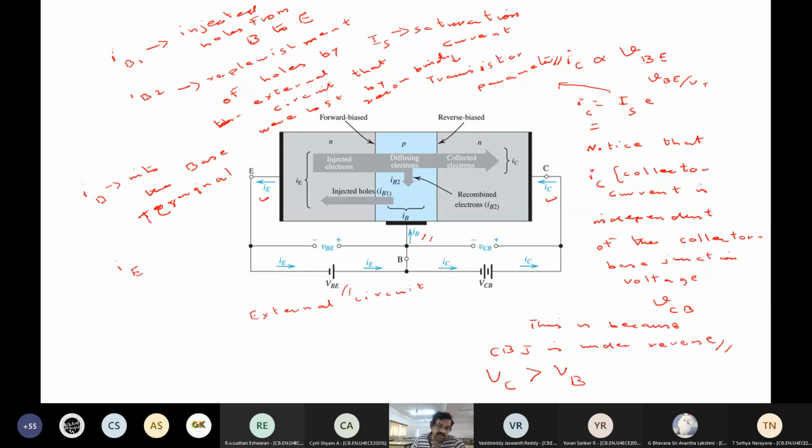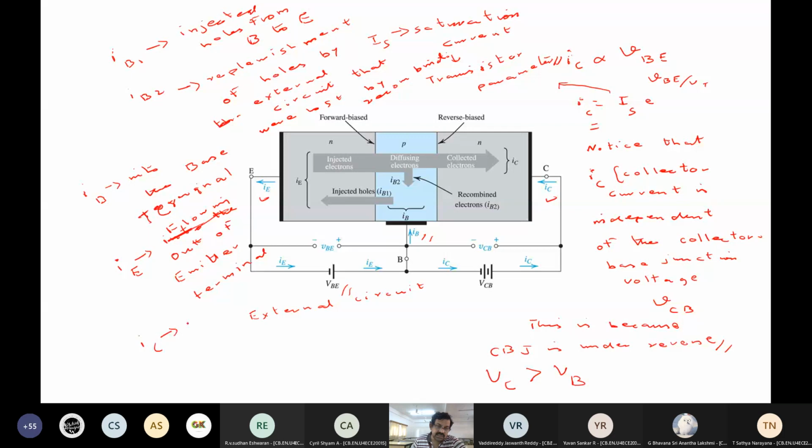IE is, sorry, be careful here, out of the emitter terminal. It is flowing out of the emitter terminal.